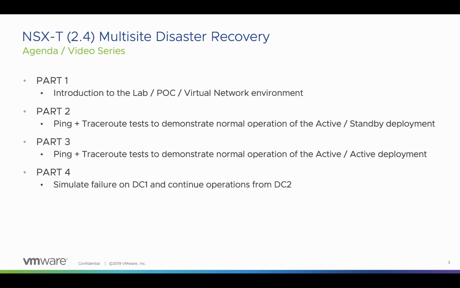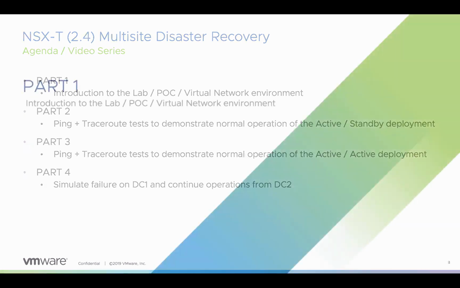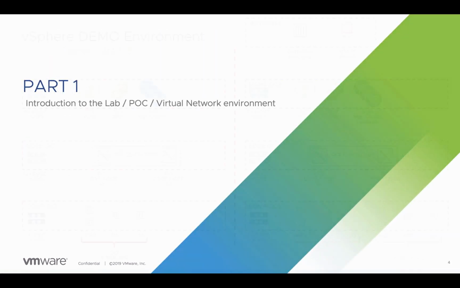In part 3, I'm going to do a ping and traceroute test to demonstrate the normal operation of an active-active multi-site deployment. And in part 4, I'm actually going to break stuff and simulate a failure of the complete DC1 and show how to continue the operations on DC2. Let's start with part 1.